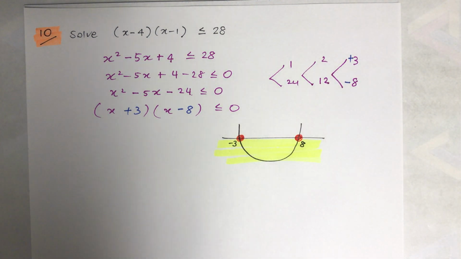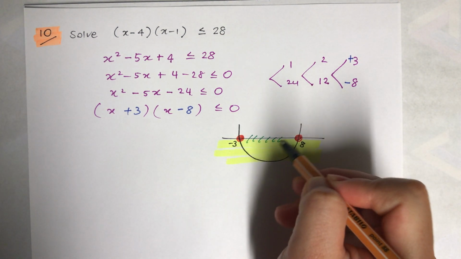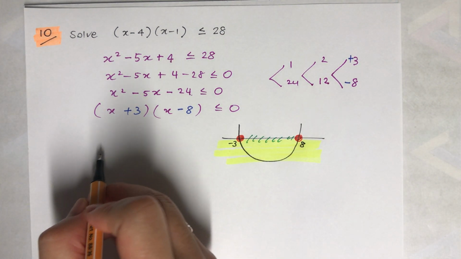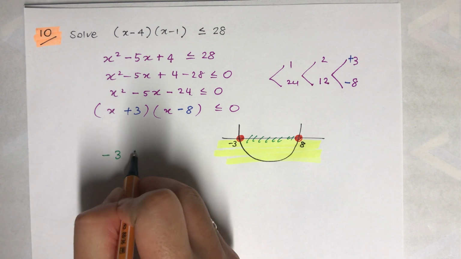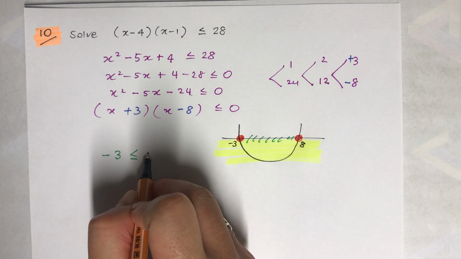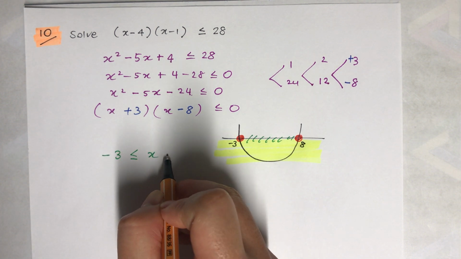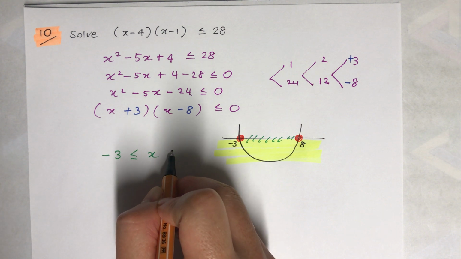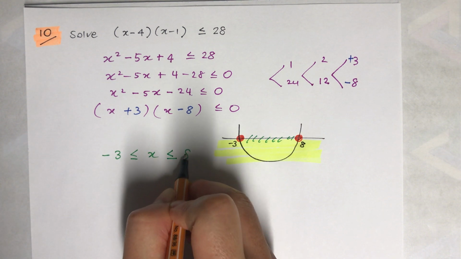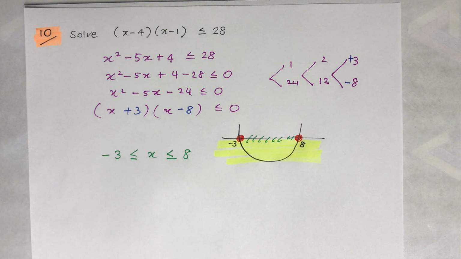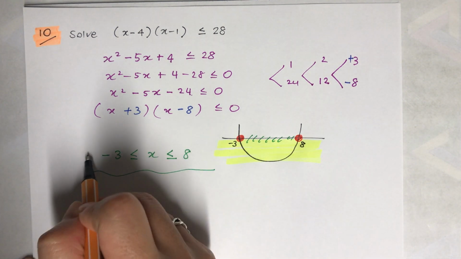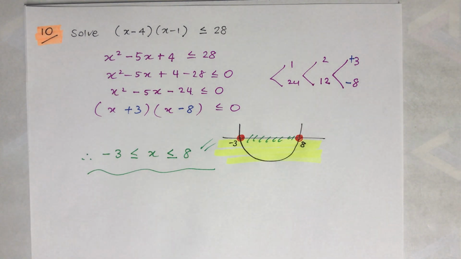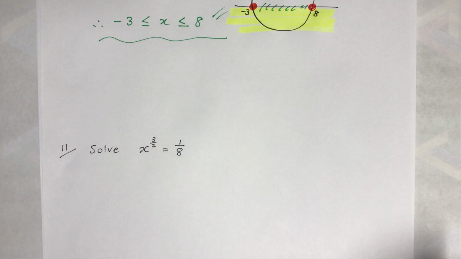So it's all these x values. So x is bigger than or equal to minus 3, but less than or equal to 8. Okay, that's done.